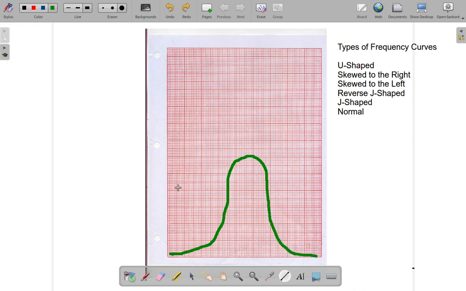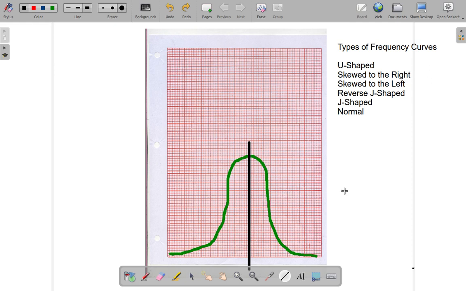By symmetrical, I mean if you take a mirror line and draw through the middle, and you fold the left and the right on this mirror line, the left and right would match each other. That's a normal curve.